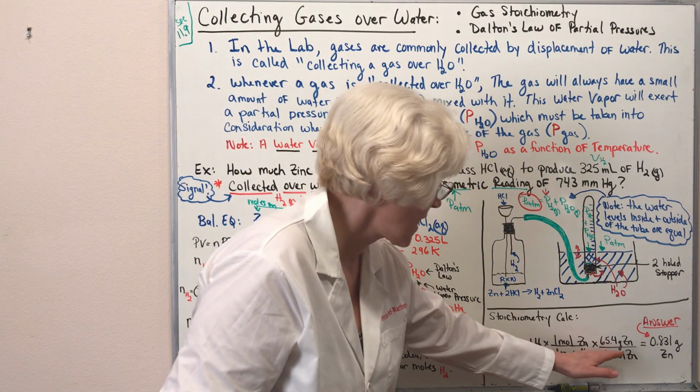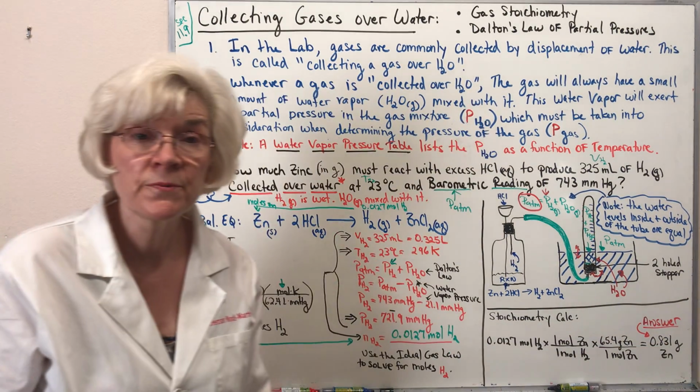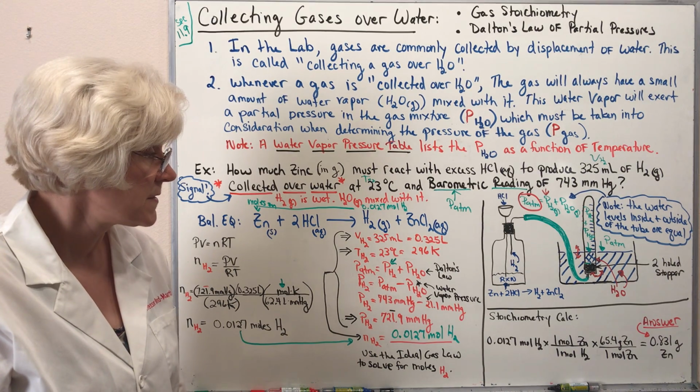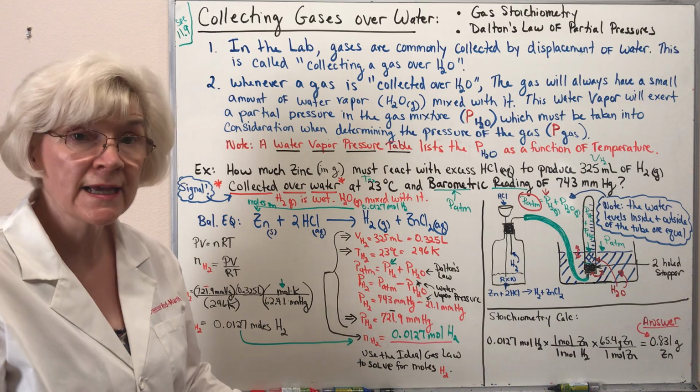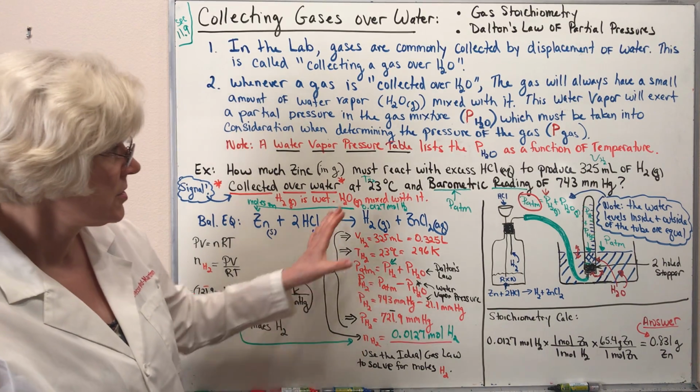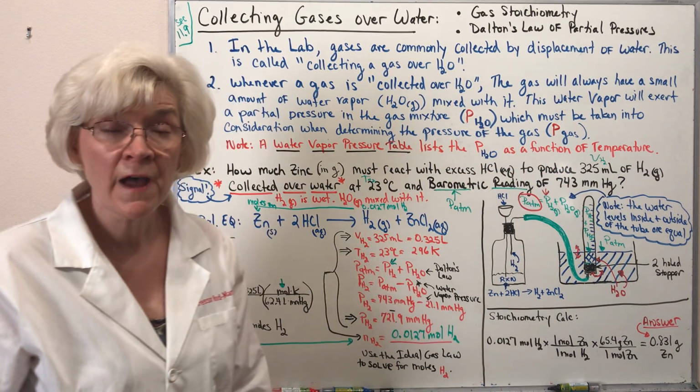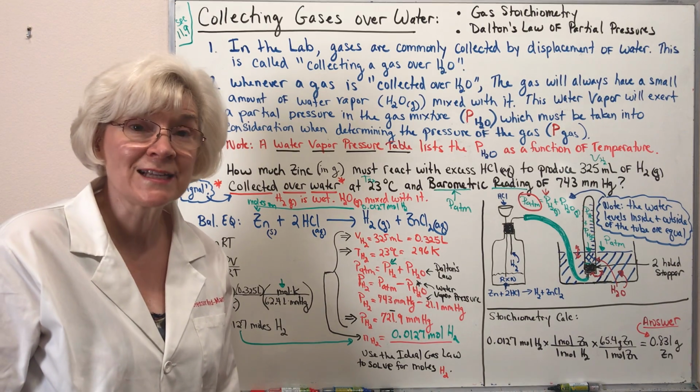When I did this calculation, I come up with an answer of 0.831 grams of zinc that reacted to produce this volume of hydrogen gas collected over water.